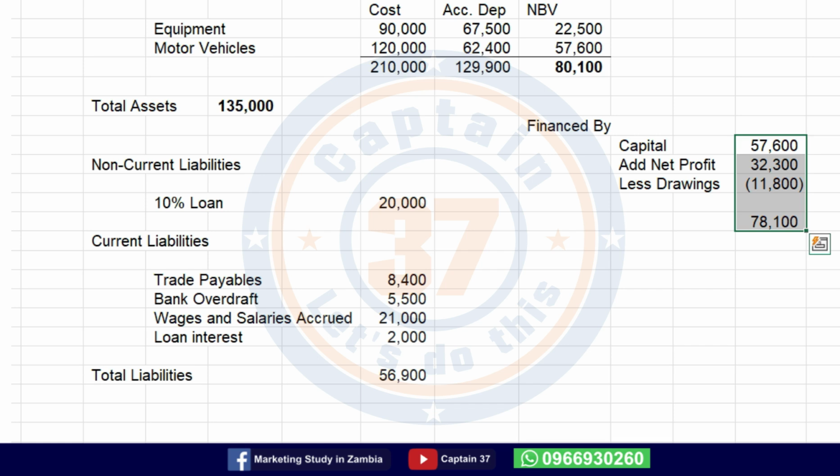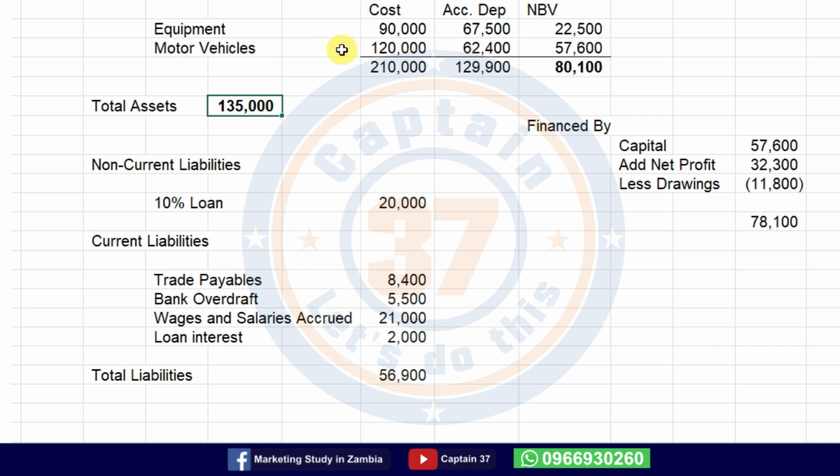We are done, but we need to confirm if this is correct. To do this, we apply the accounting equation. The accounting equation is assets is equal to capital plus liability. So our value for assets is 135.